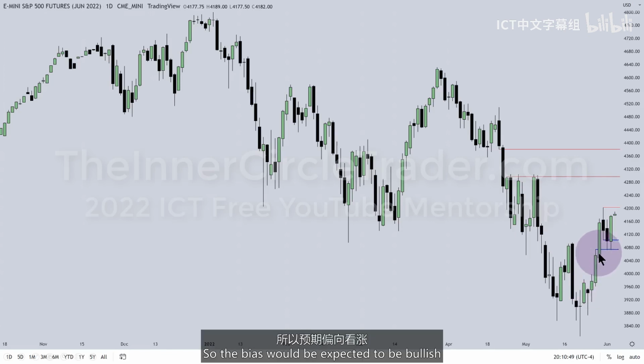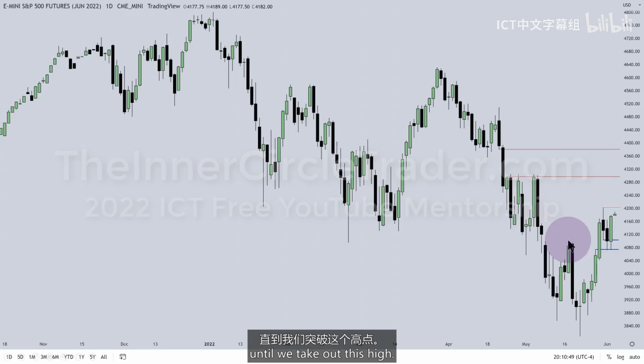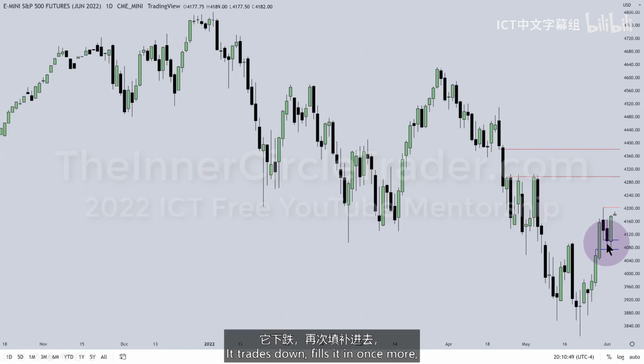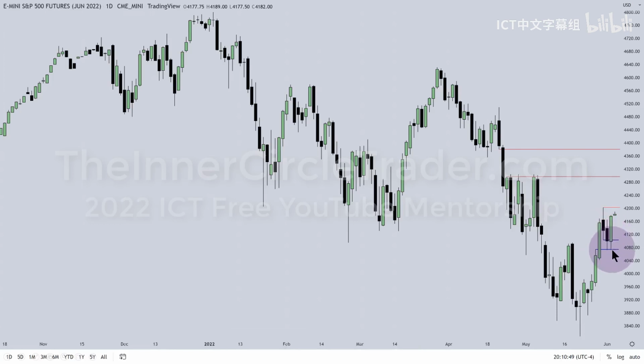Okay, so the bias would be expected to be bullish until we take out this high. It does that here. Then we have a day or two of retracement, which is logical because we created a fair value gap here. It trades down, fills it in once more, tests it, and rallies.